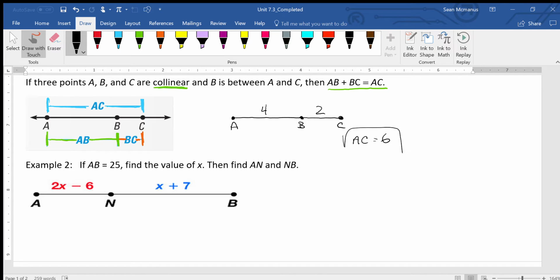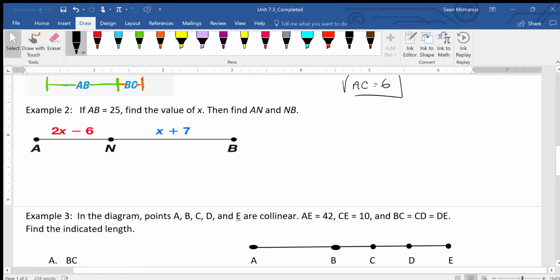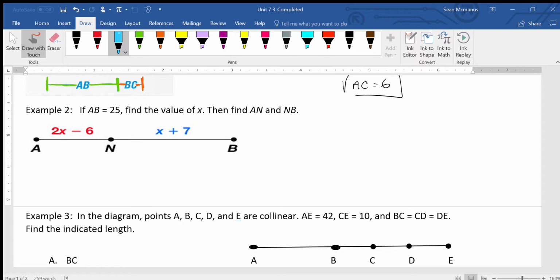Not too bad when we just have integers, but when we introduce a little bit of algebra, it can get a little more challenging. So let's take a look at how this shakes out. We have segment AB, the length of AB, is equal to 25. Find the value of x, then find the length of AN and NB. This is, again, segment addition. I have 2 segments, AN.